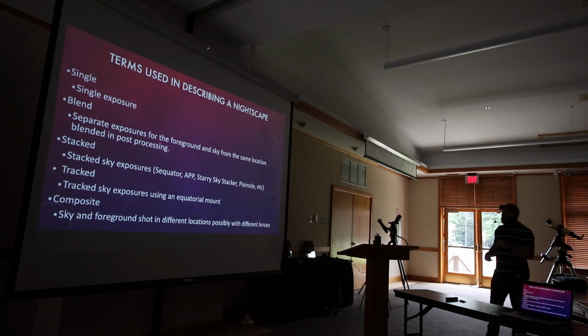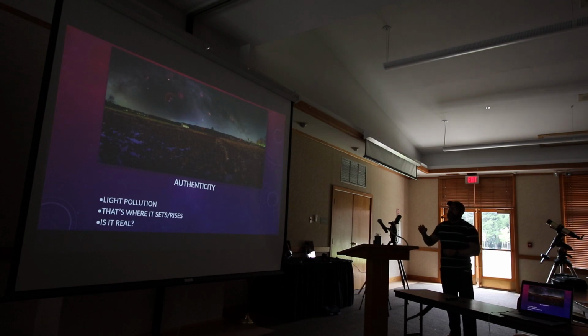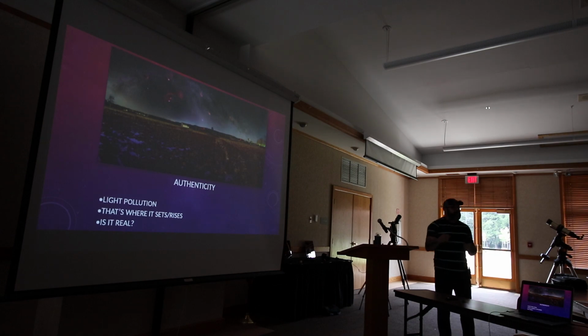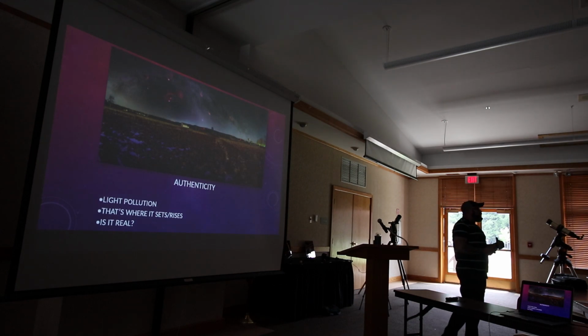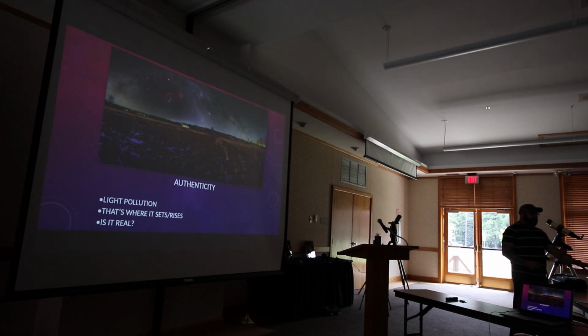And I just want to talk about authenticity a little bit. When creating my final image, it's always my goal to have something that is authentic. And what I mean when I say authentic is I want the sky, in reference to the foreground, to be accurate in terms of size, in terms of orientation, in terms of location, okay?